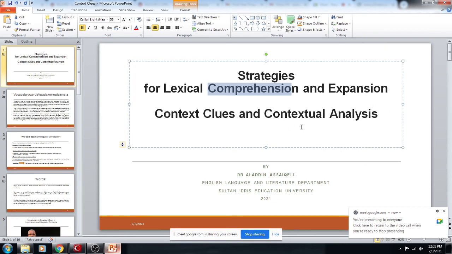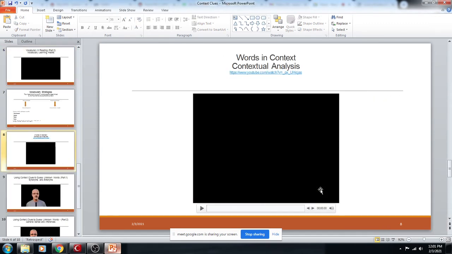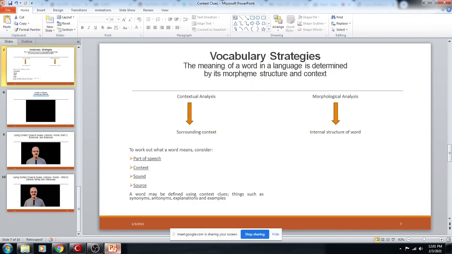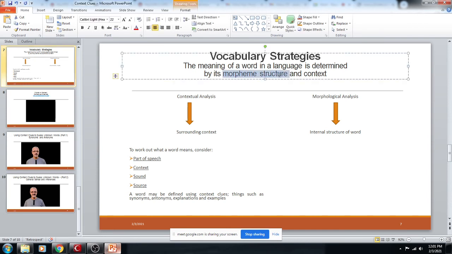Context clues and contextual analysis today. The meaning of a word in a language is determined by its morpheme structure, the word parts, and context. Today we're looking at the context. Next week we're going to look at the morpheme structure or word parts.